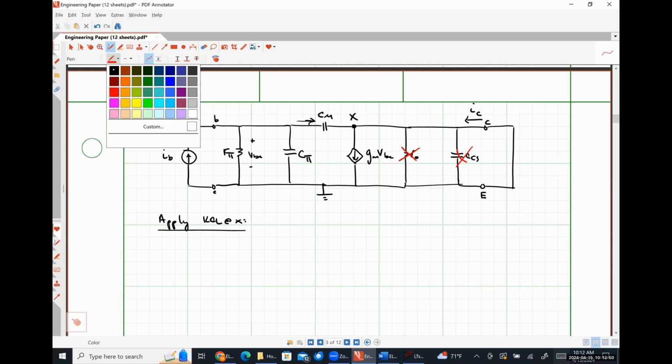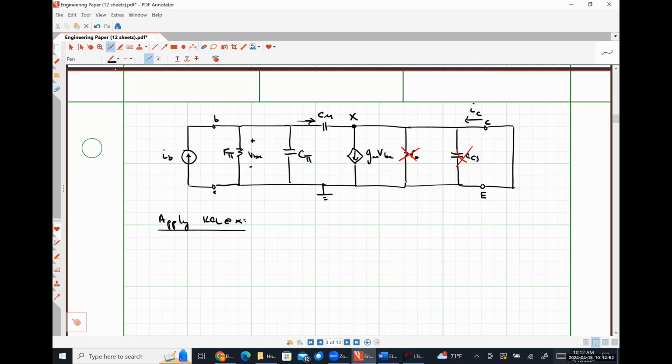Okay. So what's the voltage drop across my capacitor C mu? VBE. Absolutely. So the current flowing through my capacitor C mu should look like S C mu VBE, right?